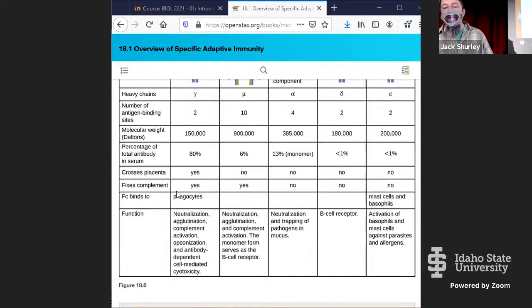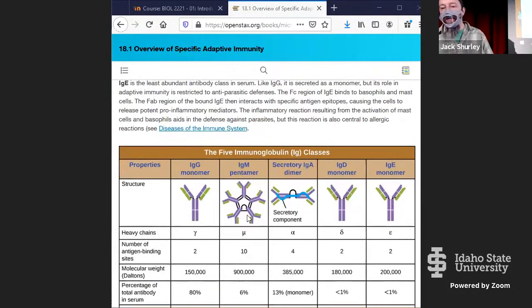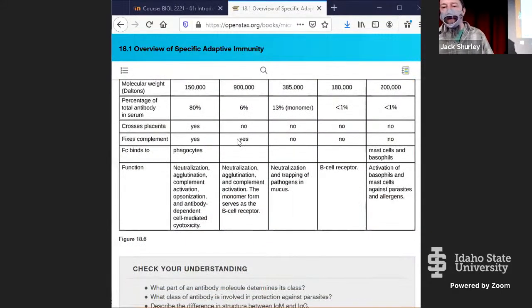Oftentimes it's the FC region, especially with IgG, that stimulates the activation of complement. It's the complexes forming with IgM that stimulate the complement cascade, because the FC region isn't available. The FC region, that tail of the Y, has the potential with IgG to link up to phagocytes.